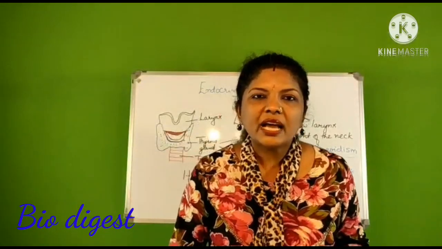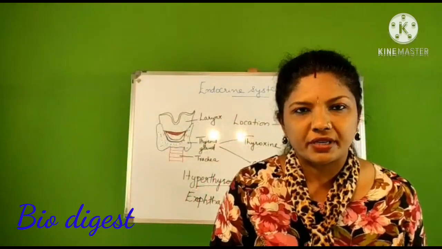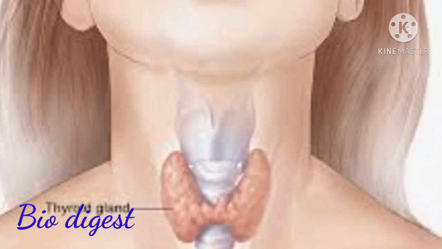I hope the thyroid gland is clear to everyone. Let us recall. Thyroid gland. Location: in front of the neck, just below the larynx. Secretions: it secretes two hormones, thyroxine and calcitonin.